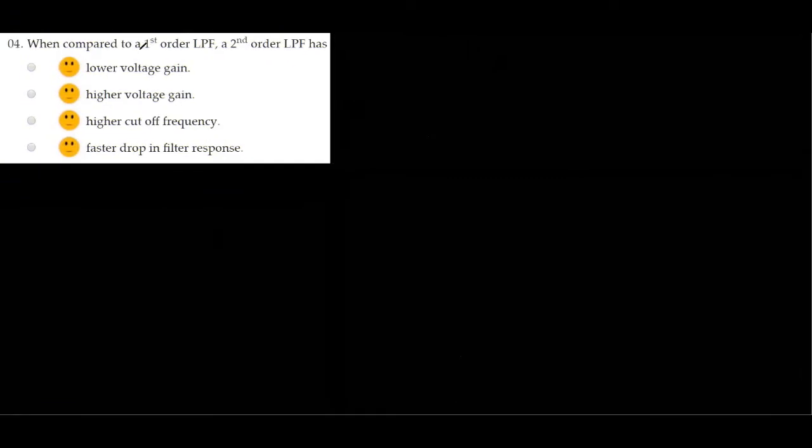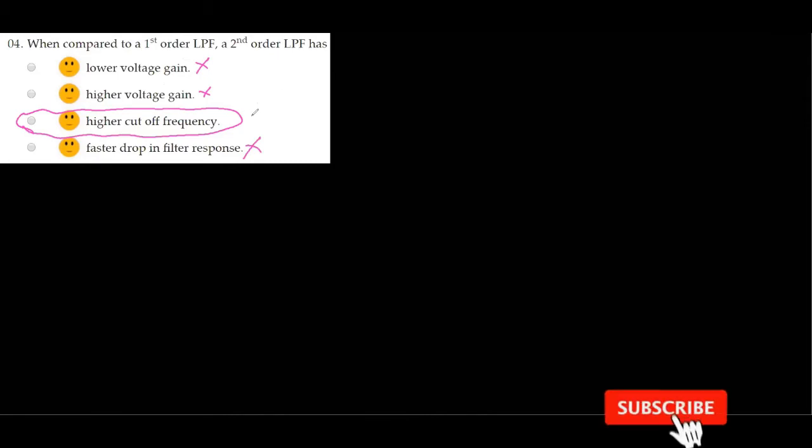Okay, next MCQ is: when compared to a first order low pass filter, a second order low pass filter has lower voltage gain? No. Higher voltage gain? No. Higher cutoff frequency? Yes, this is the correct option. Faster drop in filter response? No. So what is meant by first order low pass filter and second order low pass filter?